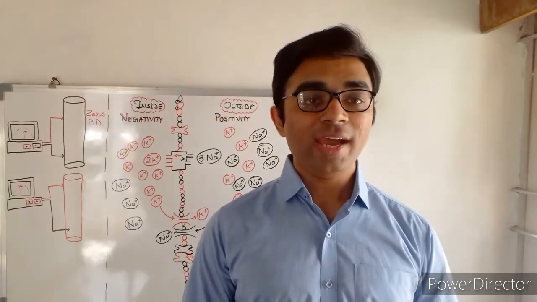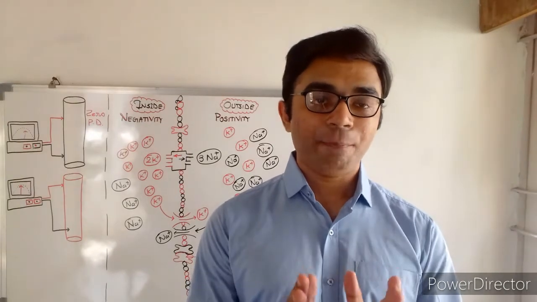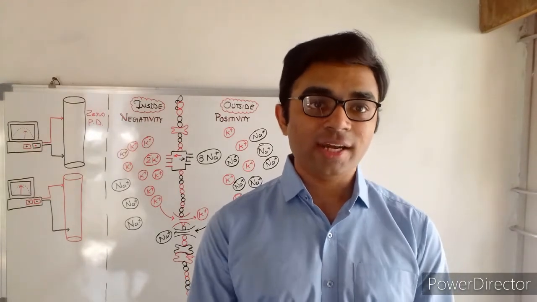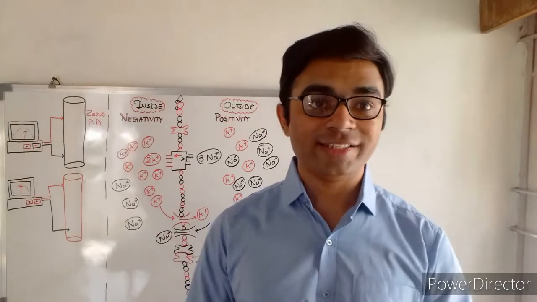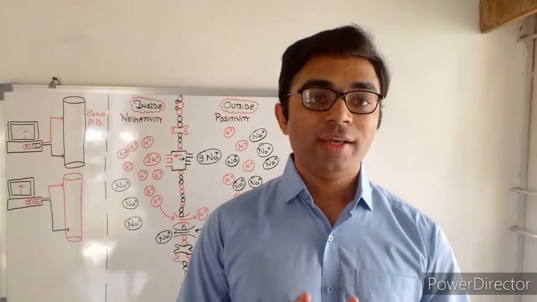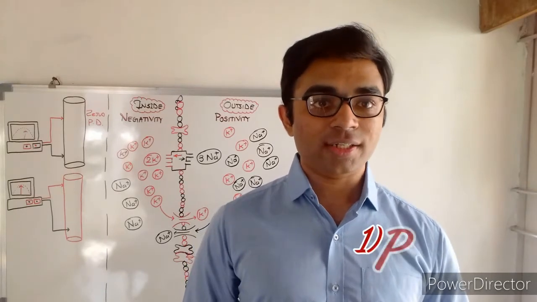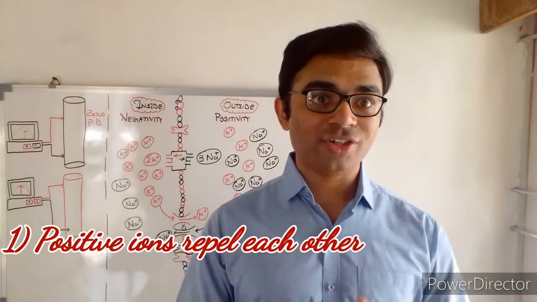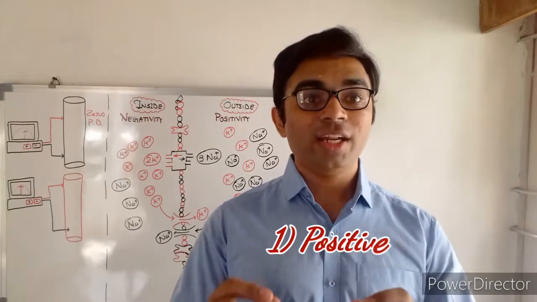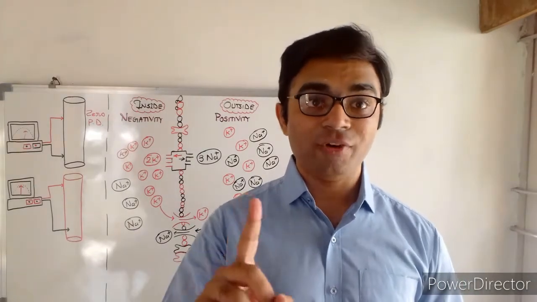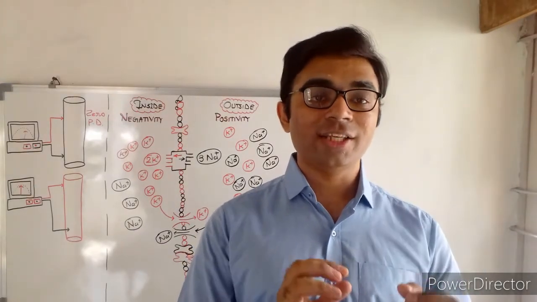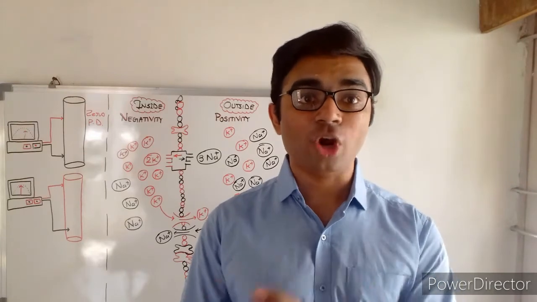After some time, the potassium efflux, that is the movement of potassium ions outside the cell membrane, will stop. So why does it stop? Reason number one is that positive ions increase in concentration outside the cell membrane and they repel each other. That is the first reason why the potassium efflux stops.